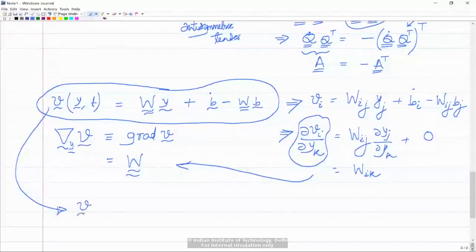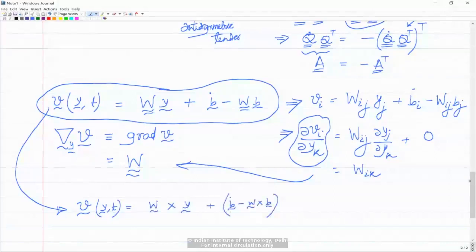So you can also write v of Y comma T equal to this W vector cross product Y, plus, of course, this thing b dot minus W vector cross product b.